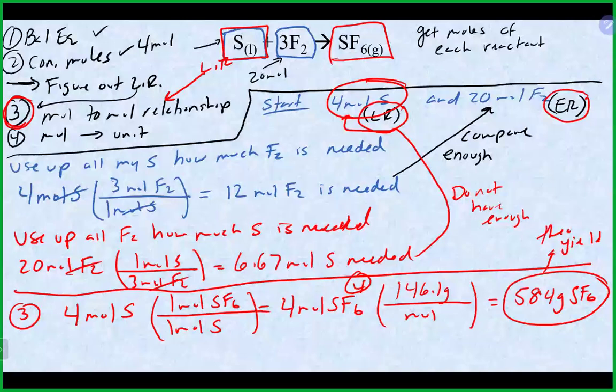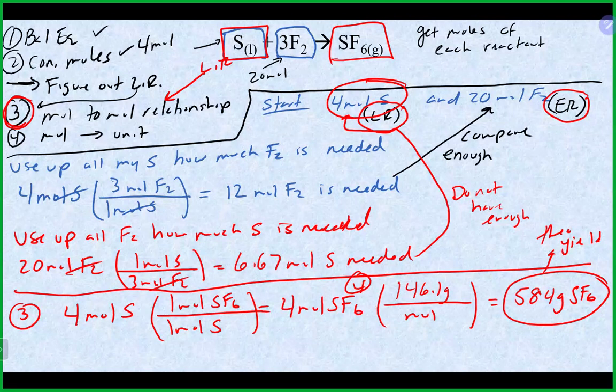Once again, to determine which one is the limiting reagent, that has to be done by some type of calculation. It cannot just be the smallest number, which is very common what people think. There's the smallest number of moles, and then that's going to be your limiting reagent. So you have to do some type of calculation to determine which one's the limiting reagent. It will not always be the smallest number of moles or something like that. So you have to actually do a calculation.